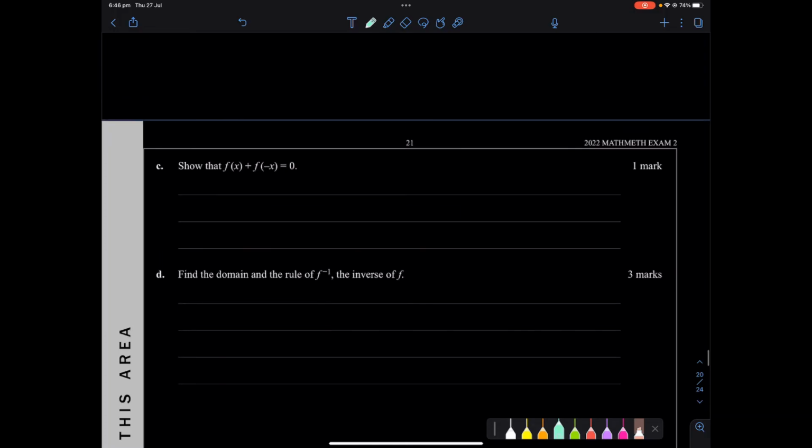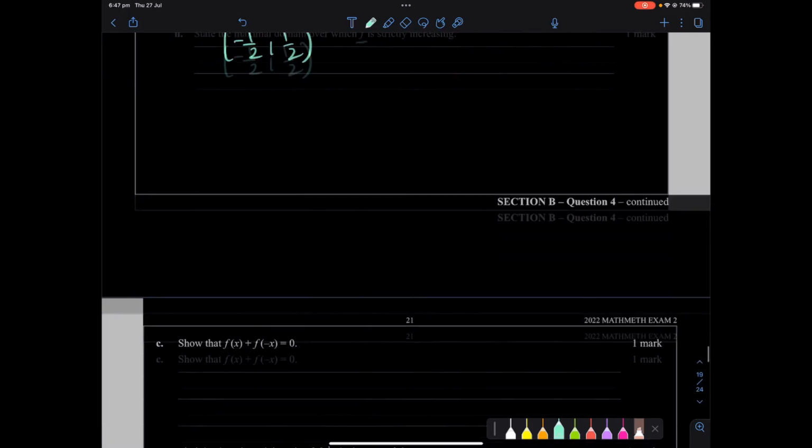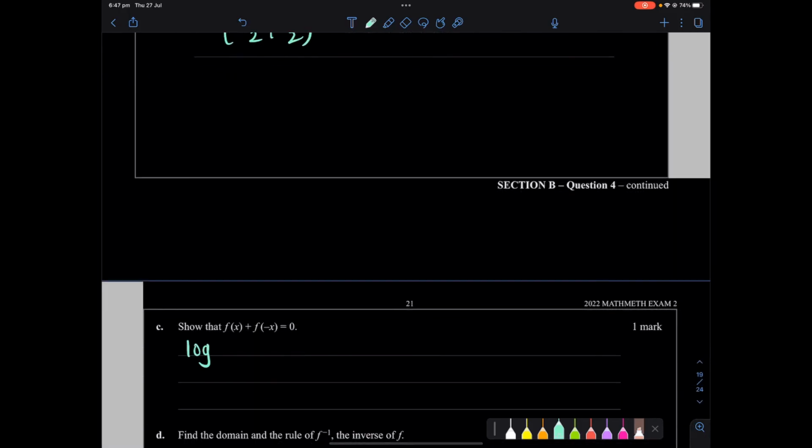Okay, let's look at what f of x is. It's log e of x plus half minus log e of half minus x. Then plus log e of, so this will become half minus x.